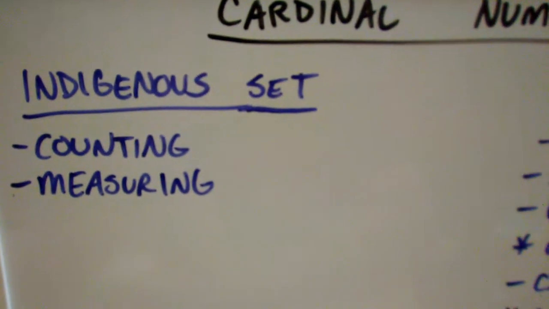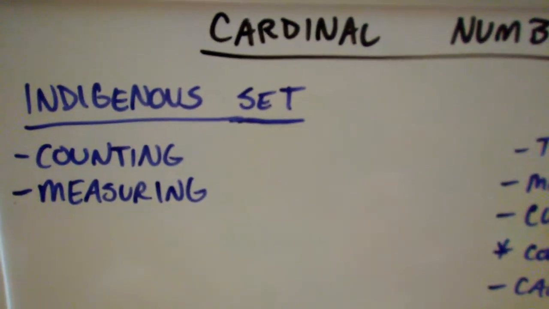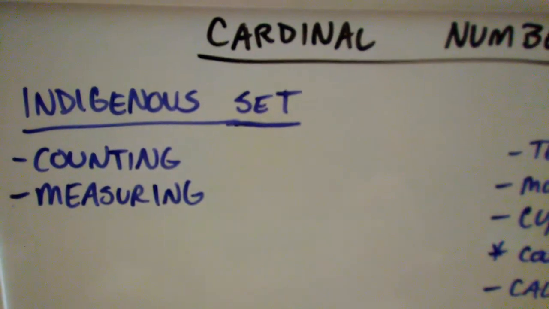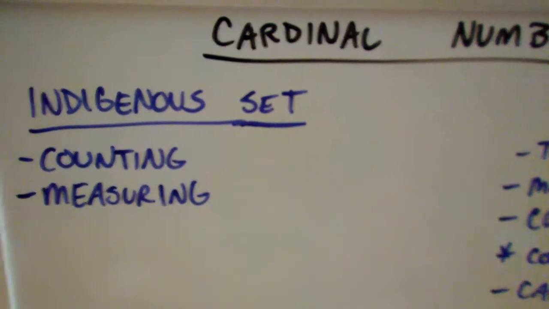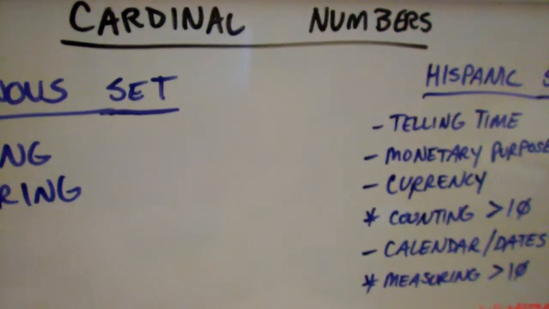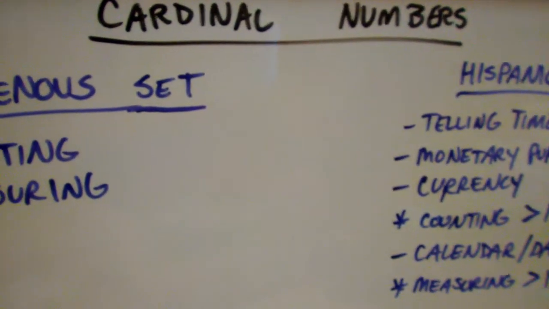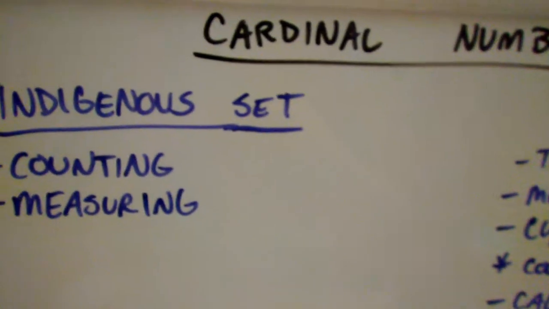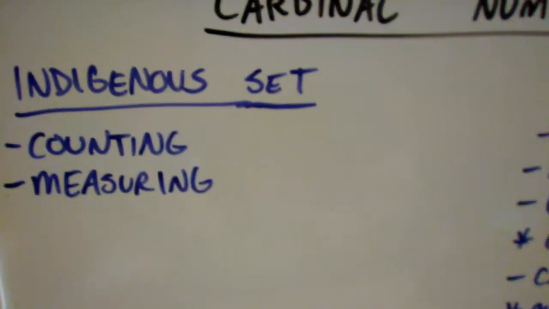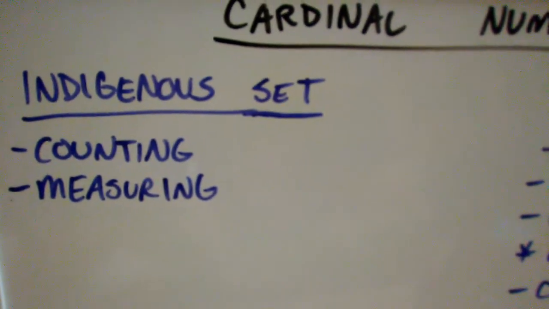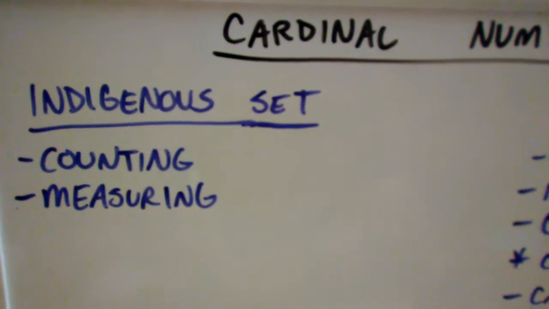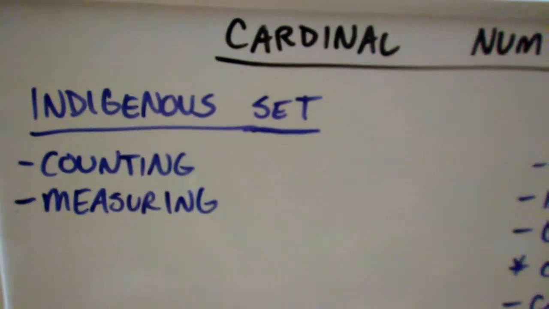You're not wrong when you use the indigenous set of counting beyond 10, but you will get the looks because nobody really uses it. A lot more people feel more comfortable using the Hispanic set after 10 because it's shorter than saying napulo og lima for 15, when people just say 15.